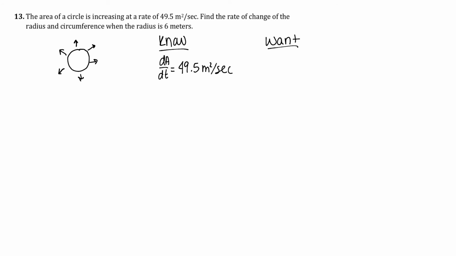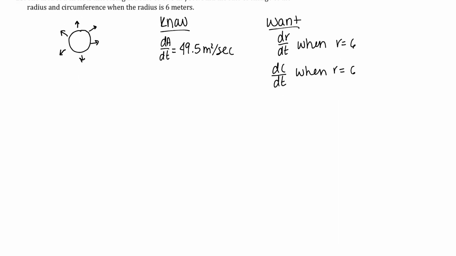We want to find two things. We want to find the rate of change of the radius and of the circumference when the radius is 6 meters. So we want dr/dt when r is equal to 6, and we want dC/dt, where C is circumference, when r is equal to 6.